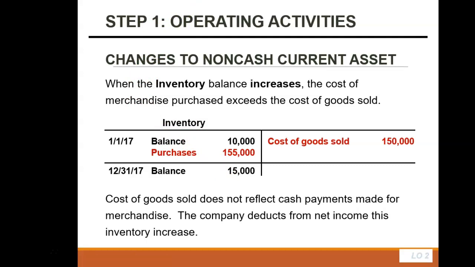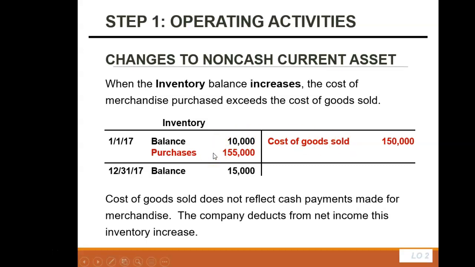So now you're going to ask yourself, what will cause the inventory account to increase? It means that we purchased more inventory than what we sold during the course of the accounting period.